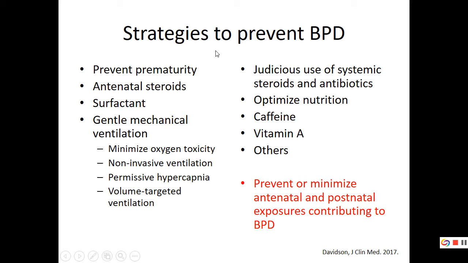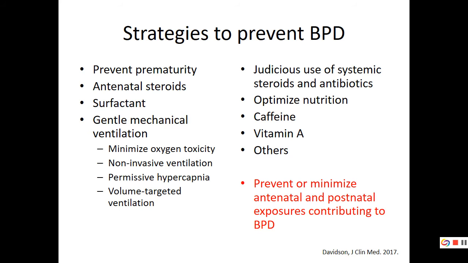So these are some of the different things that we try to do to prevent BPD. Well, you can try to prevent prematurity. We can give the mother antenatal steroids. We're going to go through each of these a little bit in more detail. We can give surfactant. We can try to be gentle and very skilled when we mechanically ventilate the baby by using low amounts of oxygen if we can, trying to use non-invasive ventilation, using permissive hypercapnia.